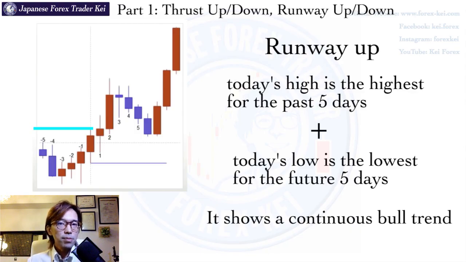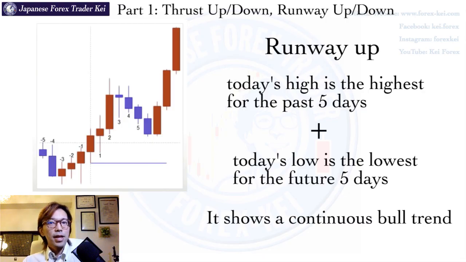When you see this breakout on this candlestick, it's just an indication that it might be a runway up, but as you look at the candle, you cannot be sure, because you don't know yet if the low of this candle is going to be the lowest for the future 5 days.